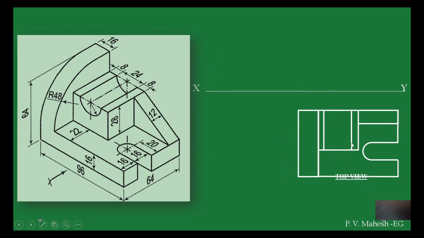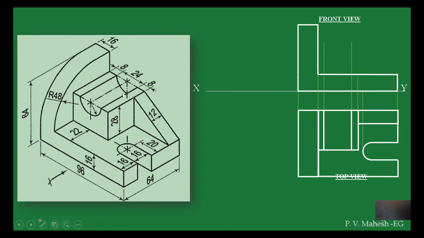Now once the top view is completed, you can go for the front view. In the front view you will see an L shape here. This curve and this one you will see as an L. Now once this is done, what else will you see? You will see this U shape.